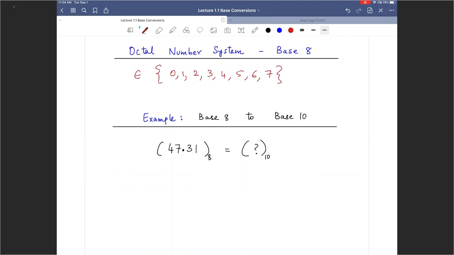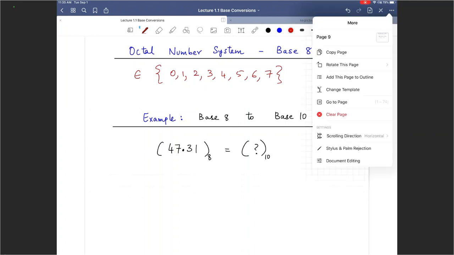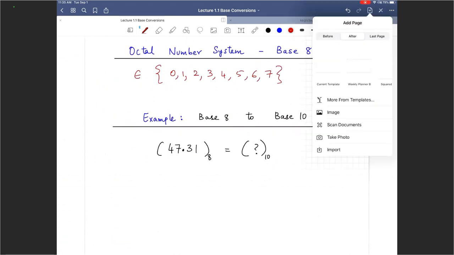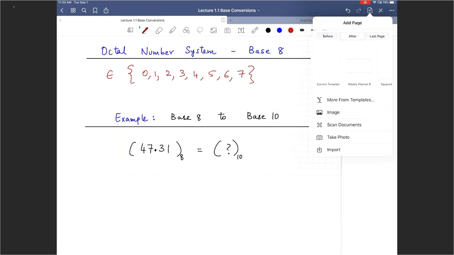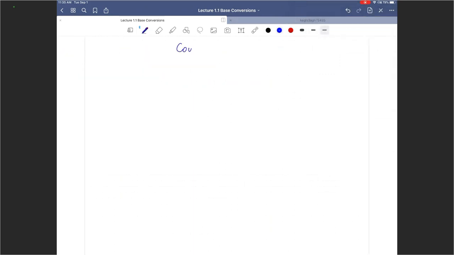Let's do a quick exercise of counting in octal. How do you count in octal? Zero, 1, 2, 3, 4, 5, 6, 7.